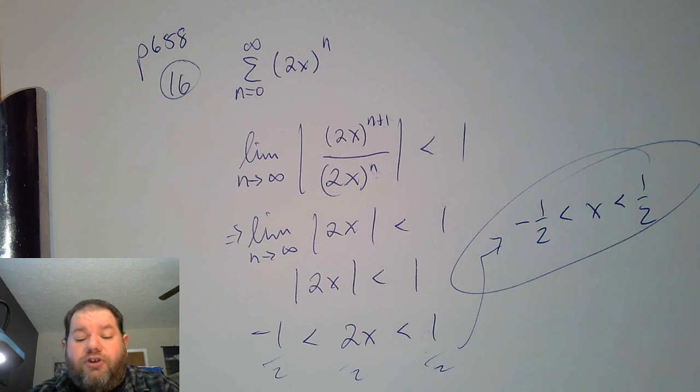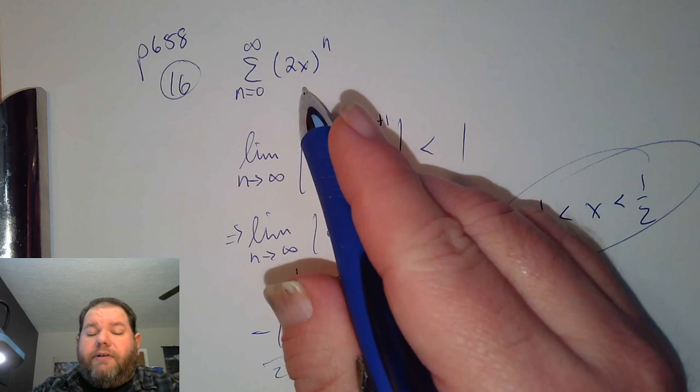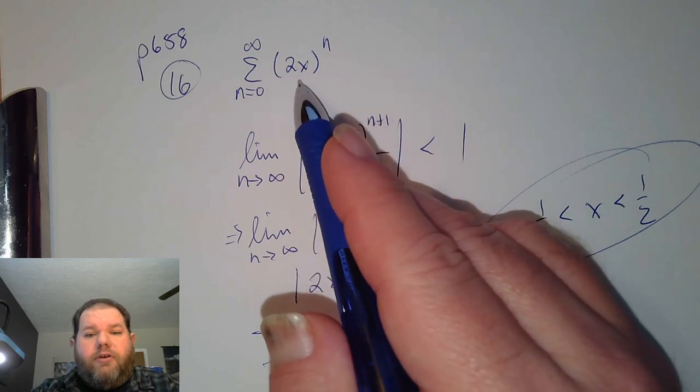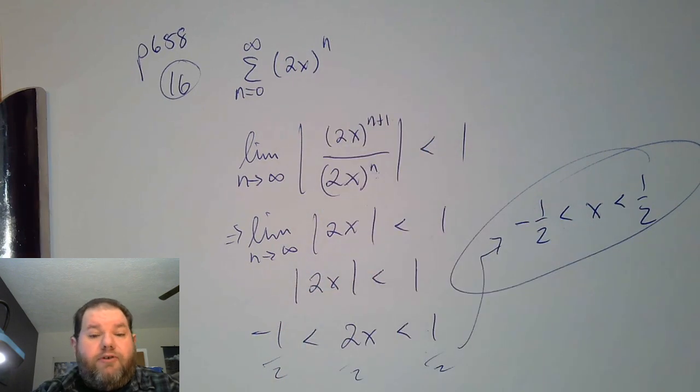Now what we would do to check that is to check the endpoints. I think in this case it's actually both less than. Because if we plugged in a 1/2 for x, 2 times 1/2 is 1, and 1 to the n is a divergent series, because it's just a series of 1s being added together, which is infinity, I think.